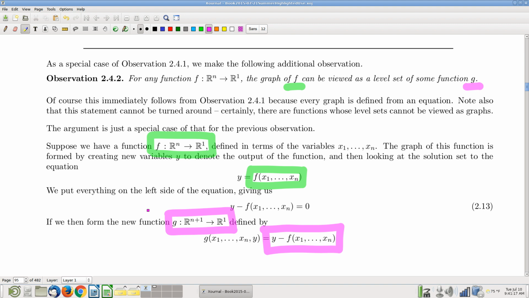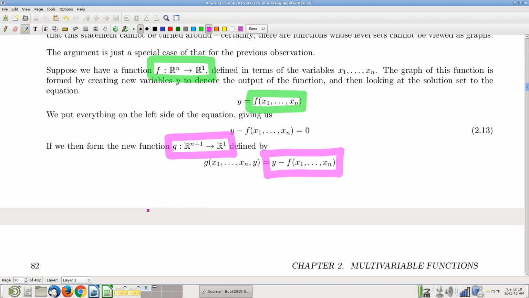You have to make the exact correct interpretation of what we mean by a graph of a function. You have to make an exact right interpretation of what we mean by a level set of a different function. And interpreting those strictly, then yeah, the actual algebra involved here is trivial, right? But don't underestimate the interpretation aspect of what's going on here.